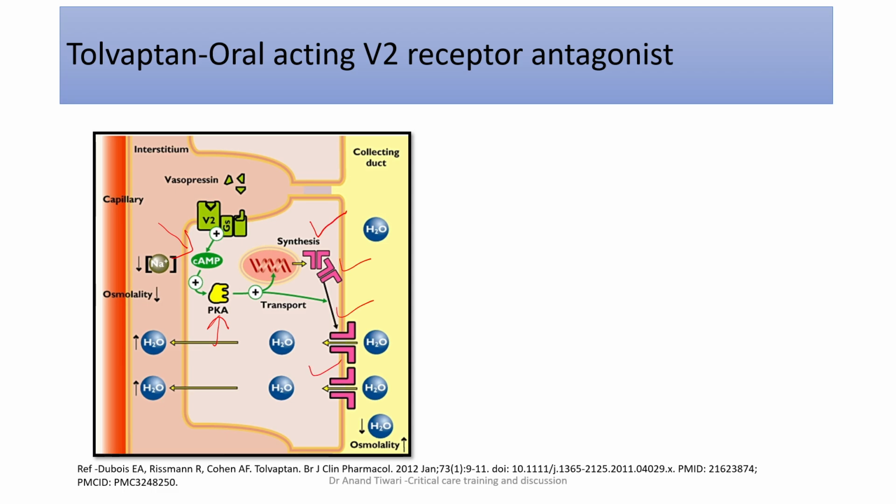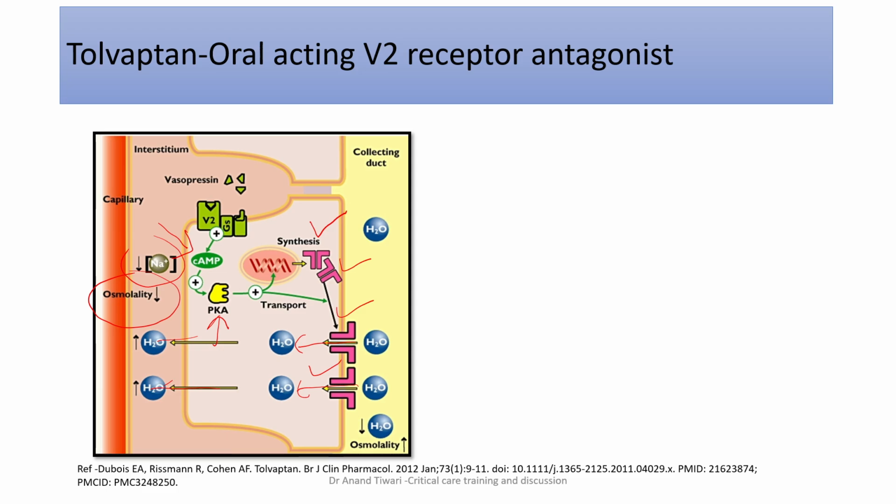So these aquaporin channels are increased because of inappropriate antidiuretic hormone, and that leads to increased water absorption through these aquaporin channels, and this increased water will ultimately reduce the osmolarity and reduce the sodium and lead to hyponatremia.